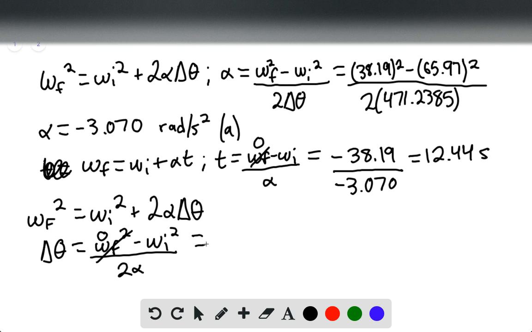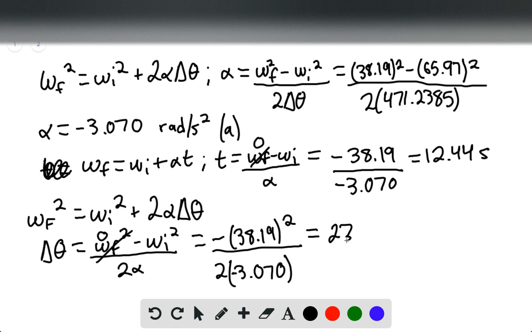So this is going to equal negative 38.19 squared over 2 times negative 3.070. And this is going to equal 237.537 radians.